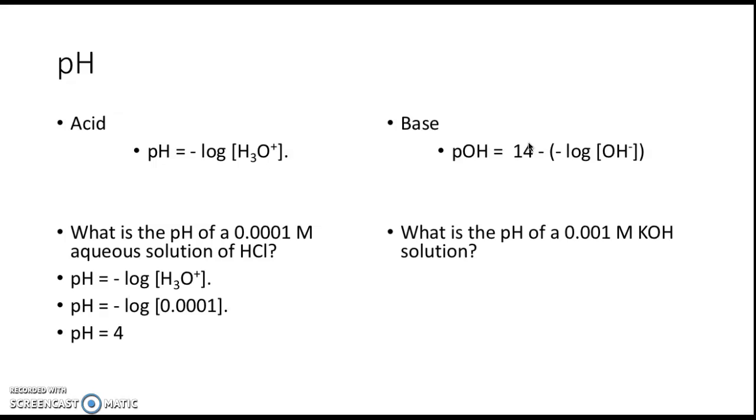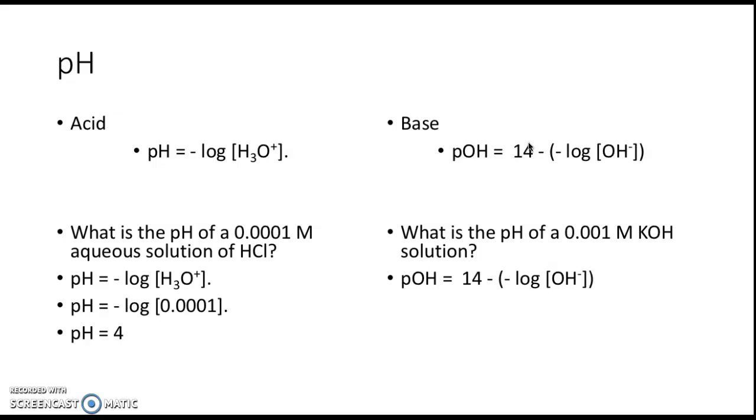For the base, this is our example problem. What is the pH of a 0.001 molarity KOH solution? I know that I'm working with a base because OH is the indicator. So I'm going to write my formula right here: pOH equals 14 minus negative log of the concentration of my base.